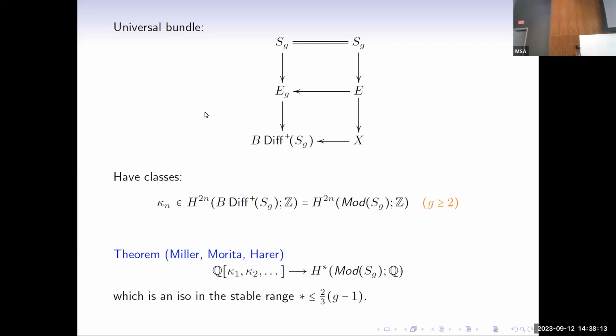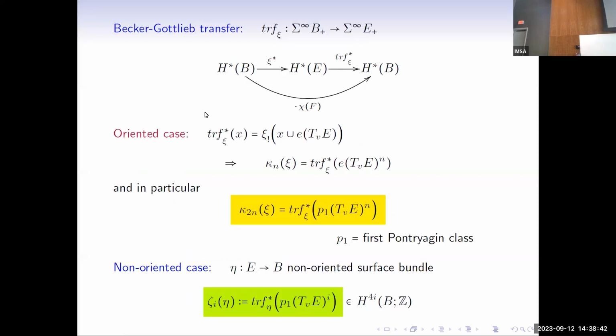So I already mentioned that these kappa classes can be seen as cohomology classes in the cohomology of the mapping class group, and this is a stable isomorphism as g tends to infinity.